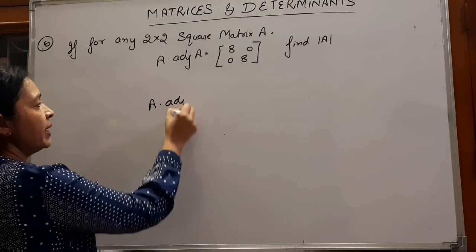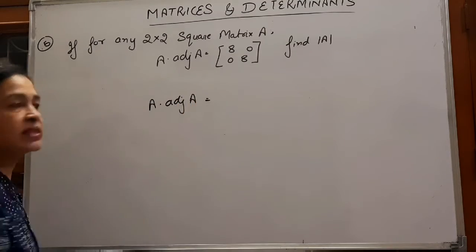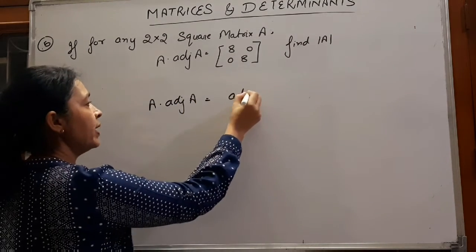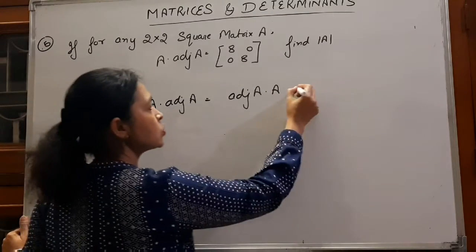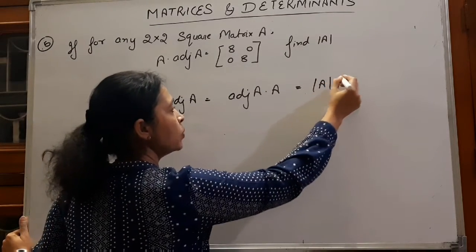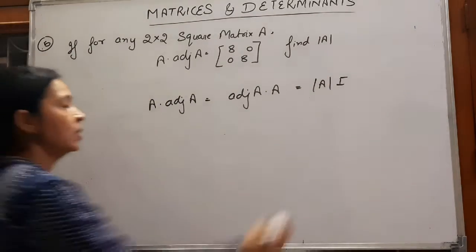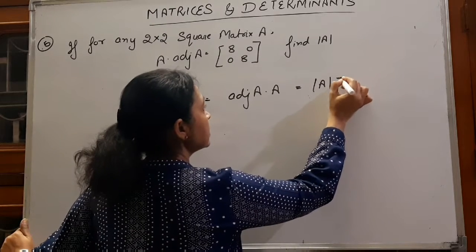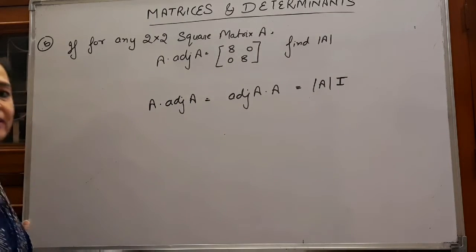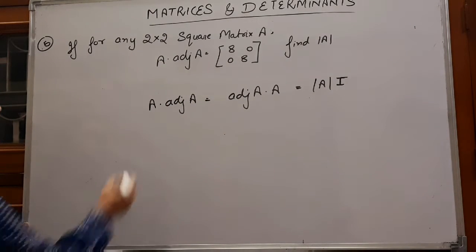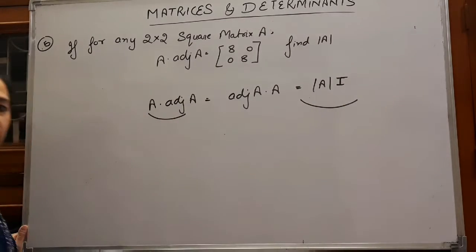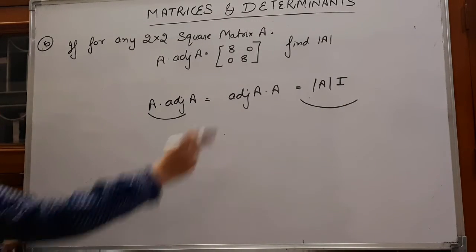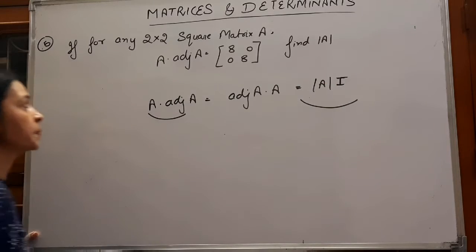A into adjoint A is always equal to adjoint A into A, and this is equal to determinant of A into I. You must learn the formulas for matrices and determinants. Now, we know A into adjoint A is equal to determinant of A into I. I is the identity matrix.